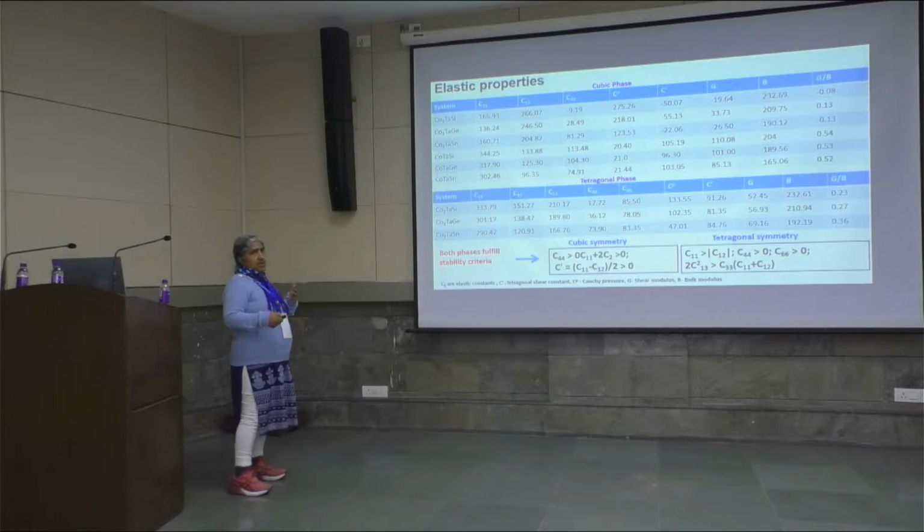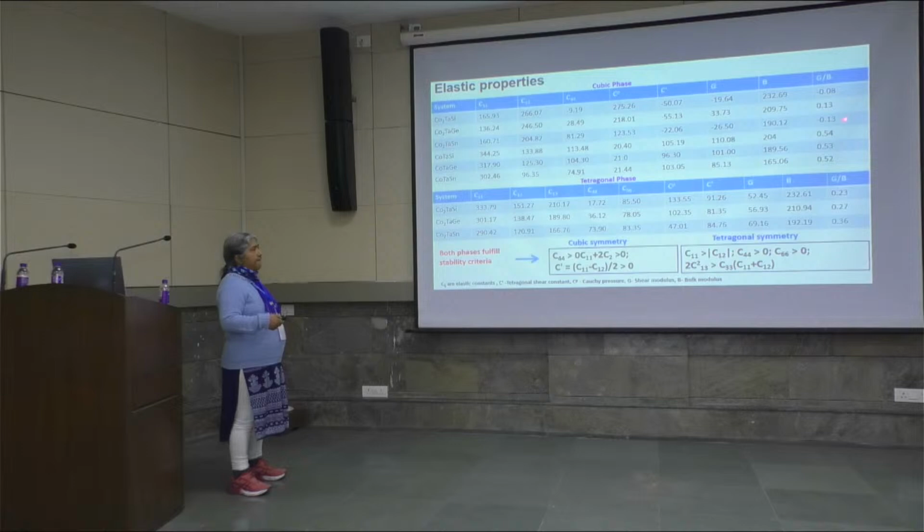There is an empirical formula given that when this G/B value is greater than 0.57, these materials are not so malleable. So the half Heusler alloys are kind of in that range, but on the other hand, the full Heusler alloys are supposed to be malleable, so they are good.